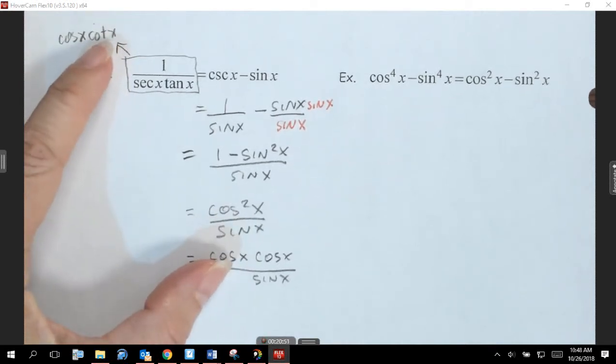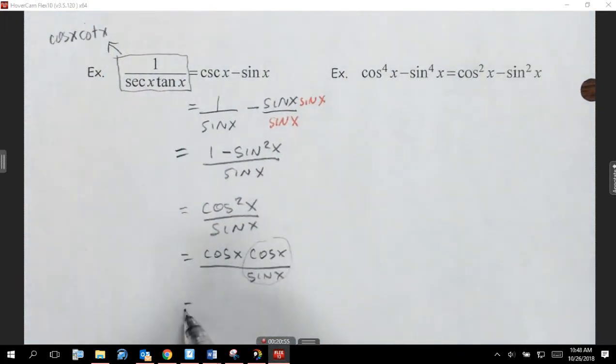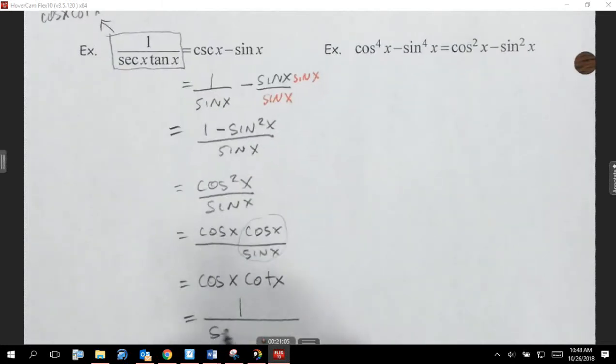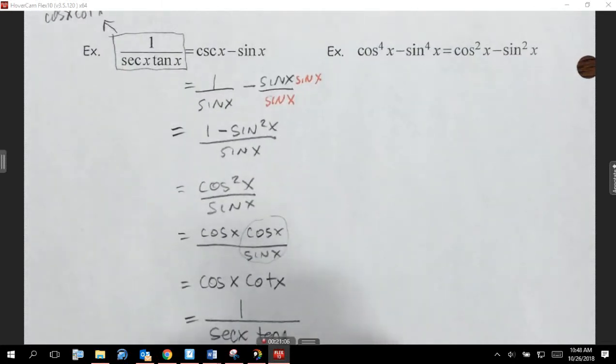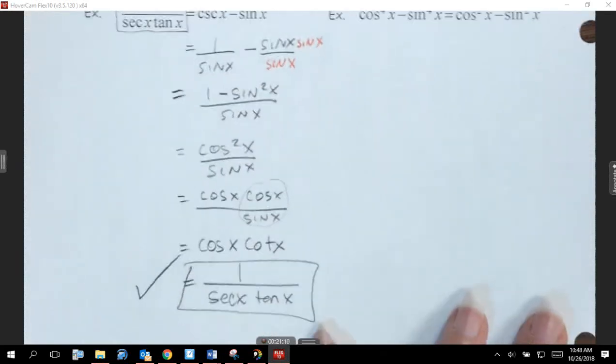How do I get cotangent? All right, there's cotangent. And if I have cosine x cotangent x, then I have 1 over secant x tangent x.